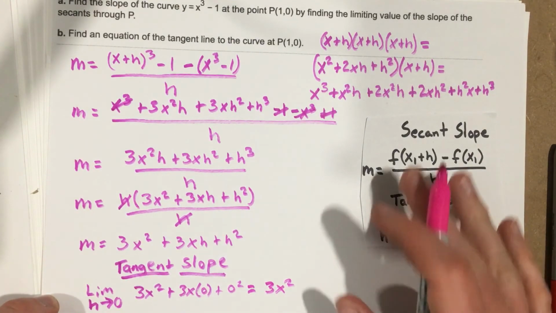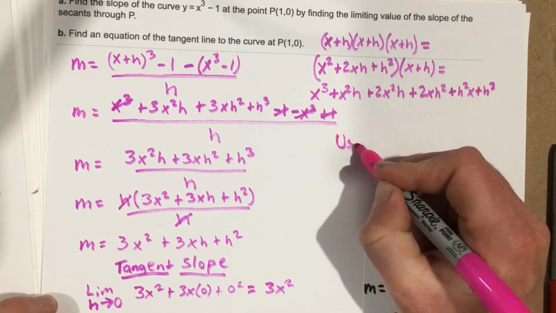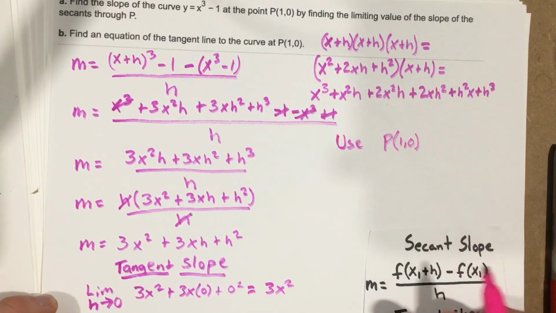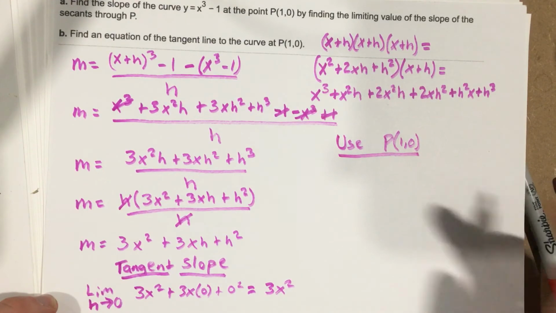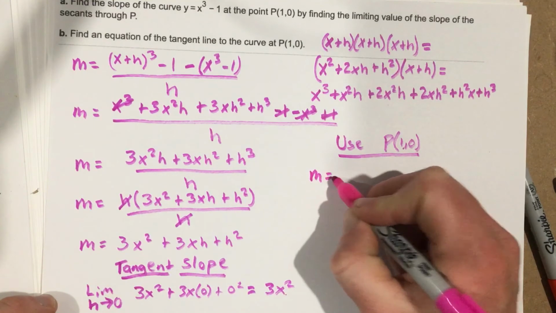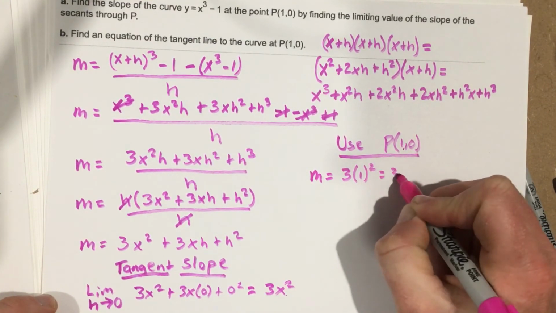And now we want to use our point P, which is (1, 0). And when we use point P, we're going to plug in x is 1 into here. So m equals 3 times 1 squared, which is 3.